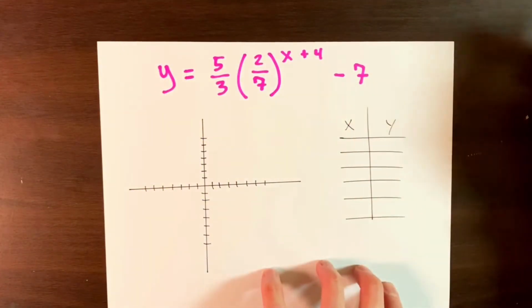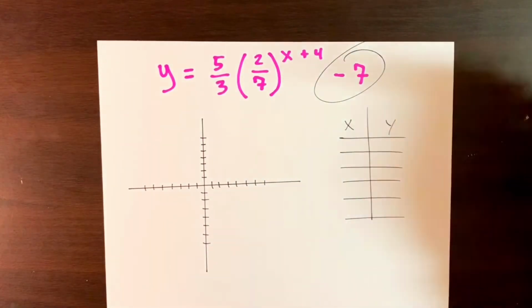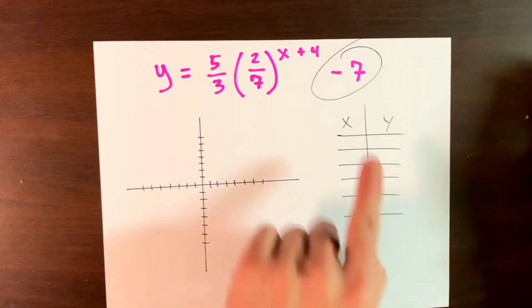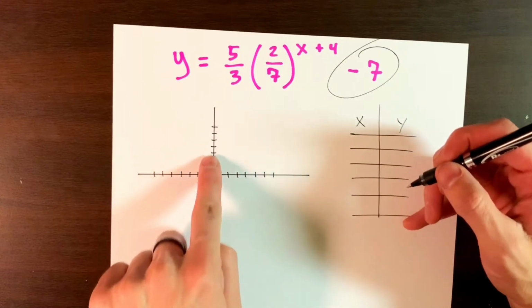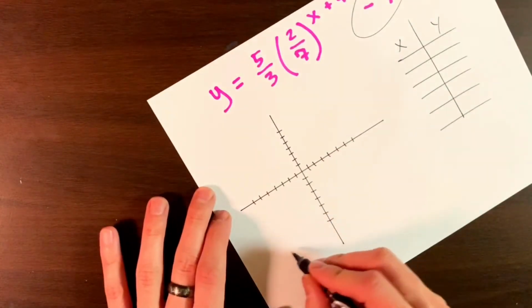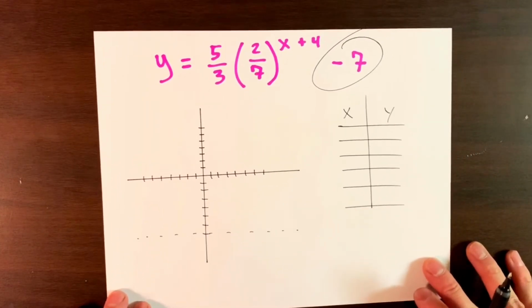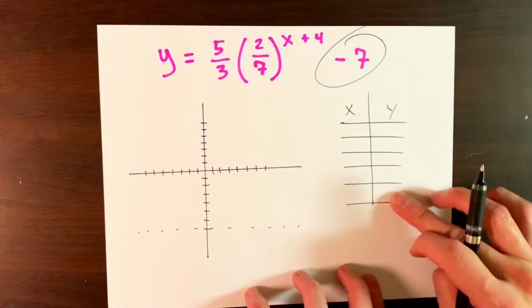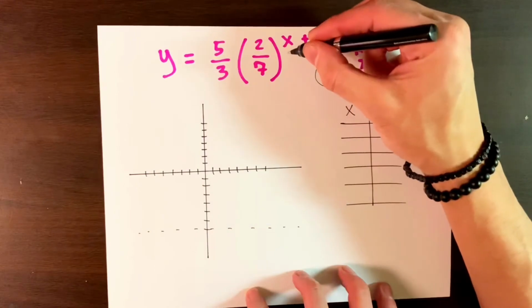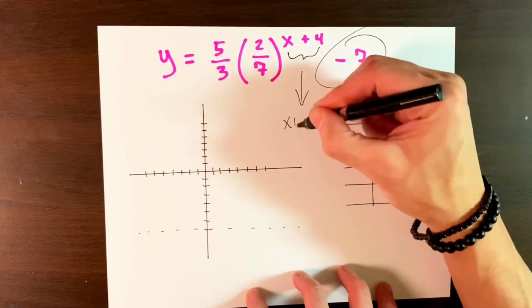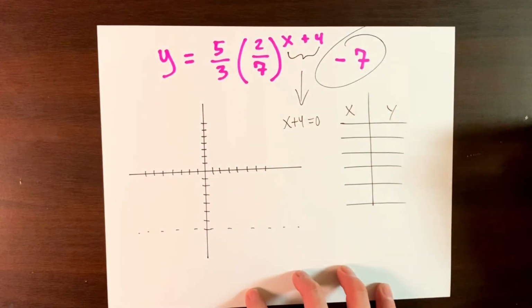To graph something like this, recall that here you have your horizontal asymptote, -7. So you go down to the y-axis at negative 7. And that would be your dotted line. All right. Now for here, we go to a table. And what you do is you look at the exponent. You set the exponent equal to 0.